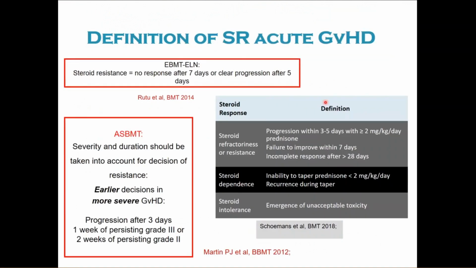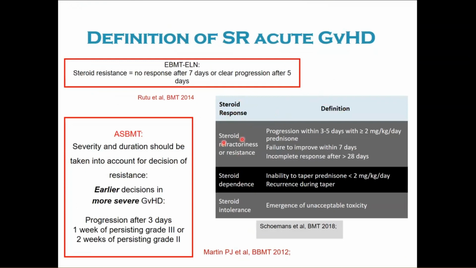The NIH, CIBMTR, and EBMT task force position statement stated, or experts agreed, on the following definition.